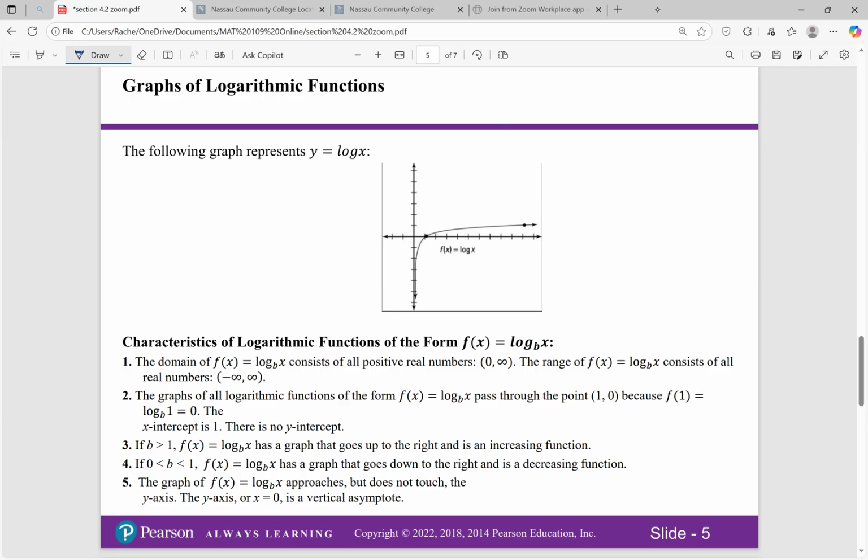Since this graph never touches the y-axis, it just gets closer and closer to the y-axis. The domain, you know, what are all the possible values of x? It's anything greater than 0, so 0 to infinity. And then the range is going to be all real numbers because this function approaches negative infinity and then positive infinity in the y direction.